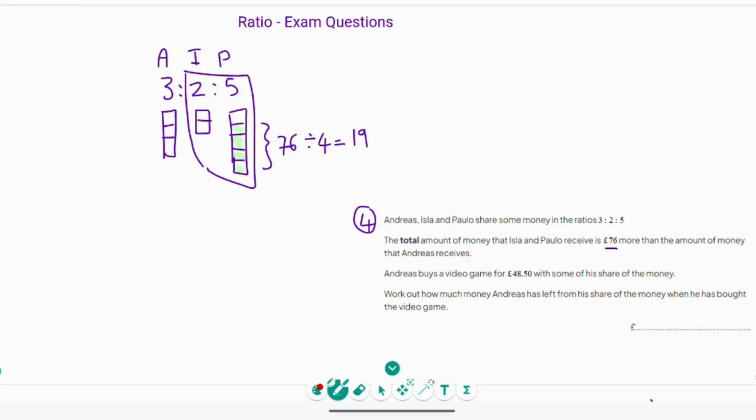Each box in this ratio represents 19. I'm not going to write them in every one. So how much does Andreas have? 19 times 3. £57. I'm just going to put £57 here.